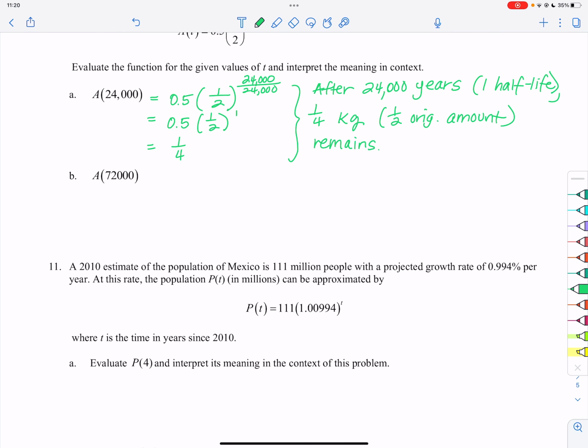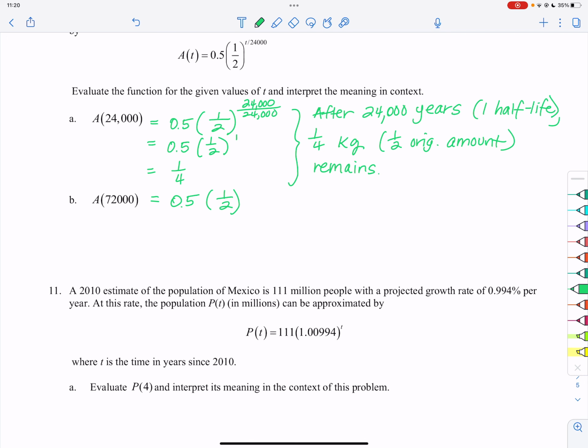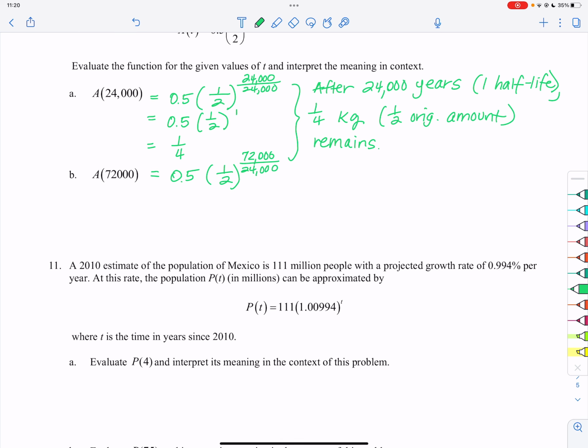Okay, how about A of 72,000? Well, that's equal to 0.5 multiplied by 1/2 to the 72,000 divided by 24,000 power. And that's equal to 0.5 multiplied by 1/2 to the third power. And that's equal to 1/16.